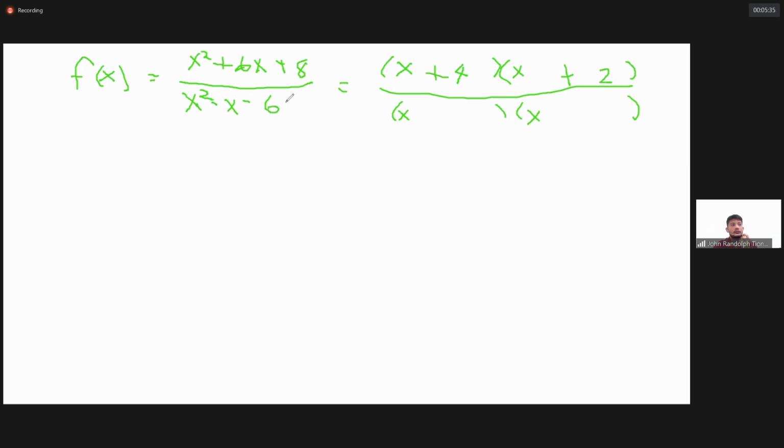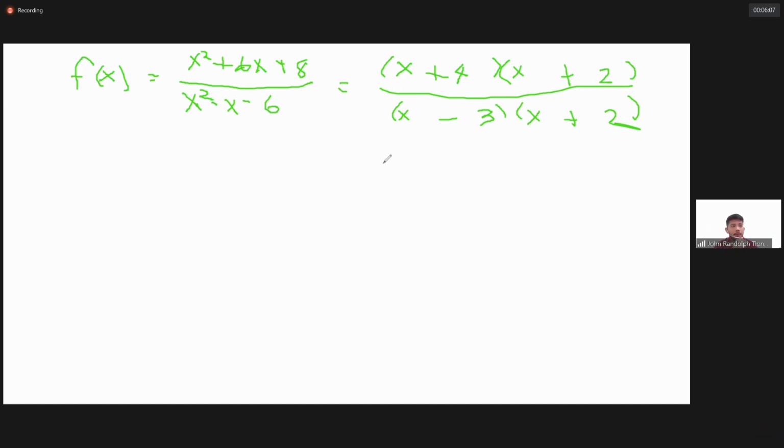So you have 3 and 2, one positive and one negative. Oh, sorry, it's negative 3 and positive 2. Negative 3 times 2 is negative 6, and negative 3 plus 2 is negative 1, or negative x.